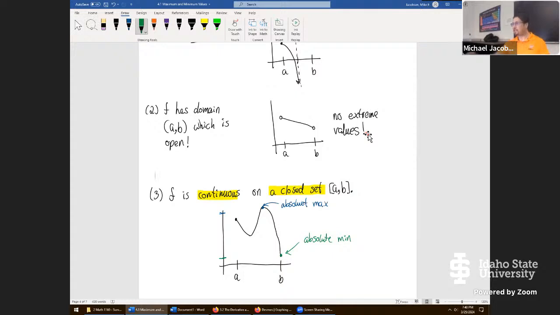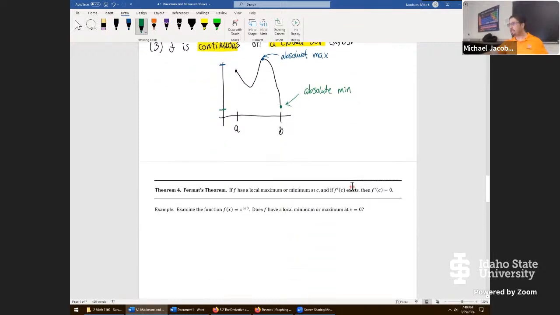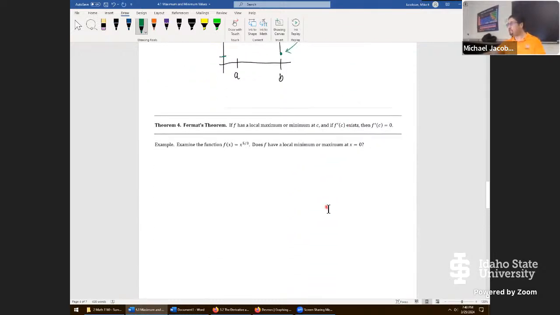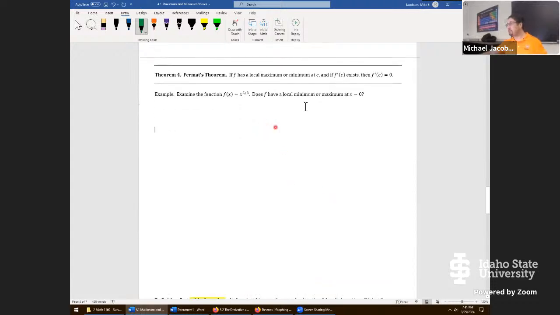Okay, so we're later going to turn this around and look at a so-called closed interval method. The closed interval method is looking for other things. We want to also take a look at critical numbers. And here's the rundown on a critical number. A critical number satisfies this condition.